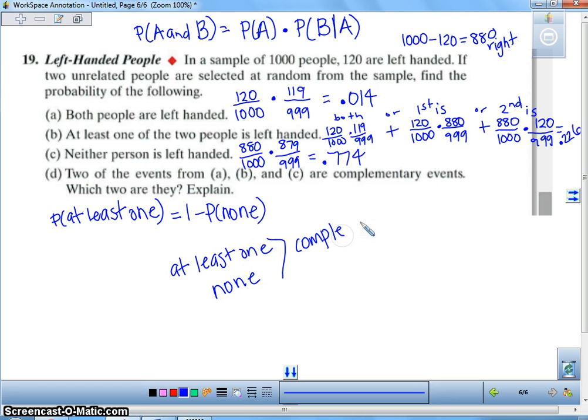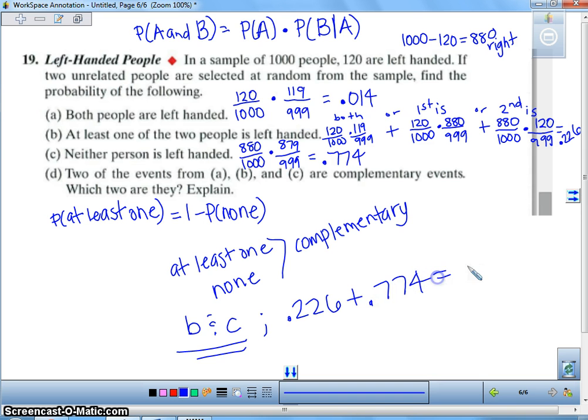So we did part B the long way, but if I had gone ahead to part C and found neither, I could have subtracted 1 minus 0.774 and I get 0.226. So events B and C are complementary, and you can check that out by realizing that 0.226 plus 0.774 adds to 1.